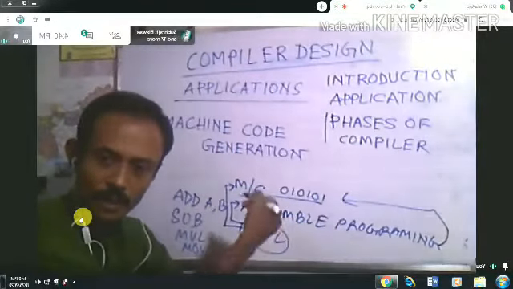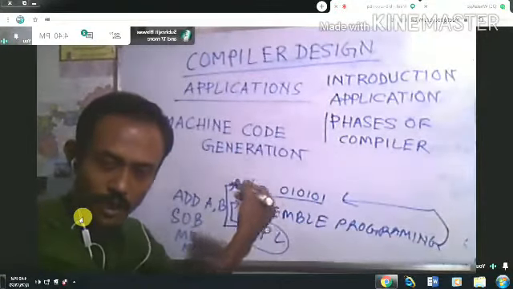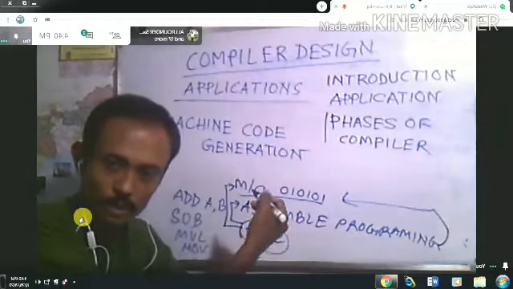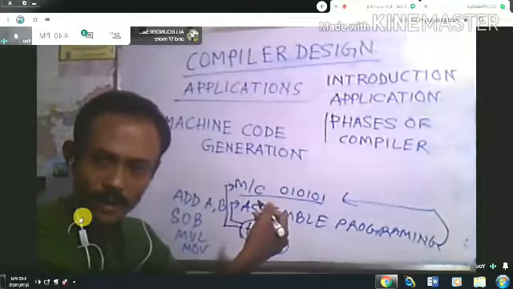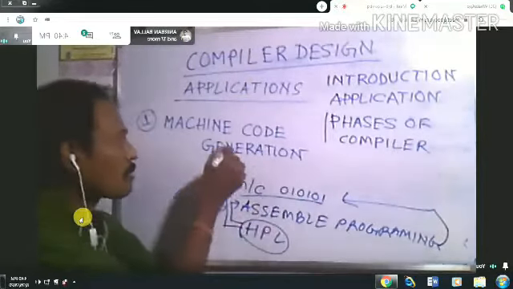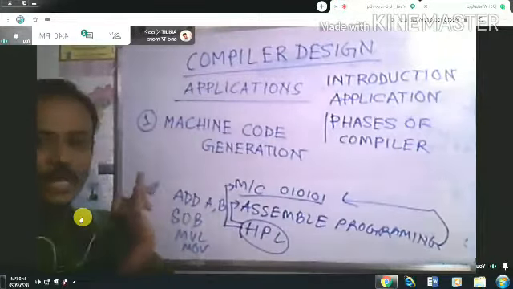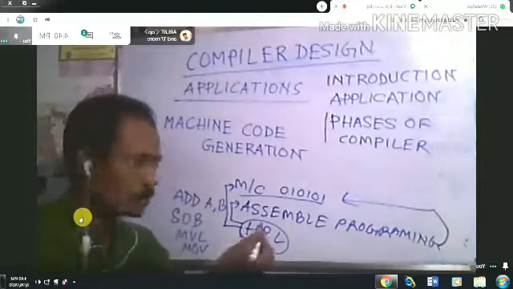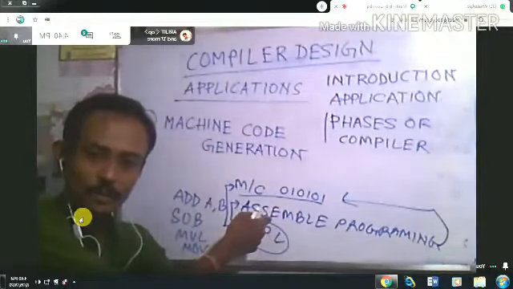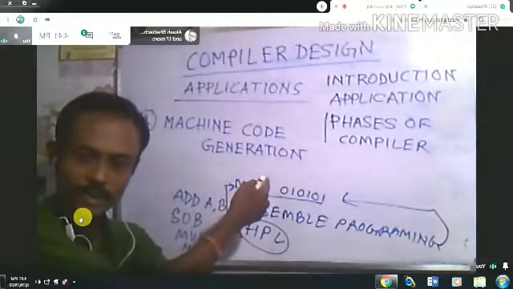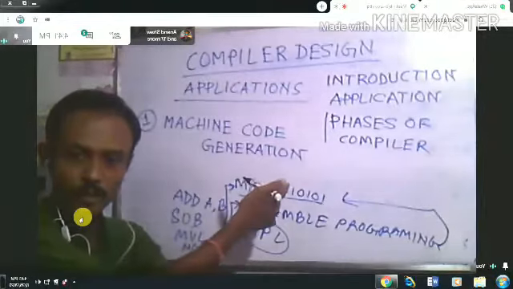So at every level there is some system software associated, and these are called compilers. That's why one of the important applications of the compiler is machine code generation. You write the program in assembly or high level programming, and using the compiler you convert that code into machine code.